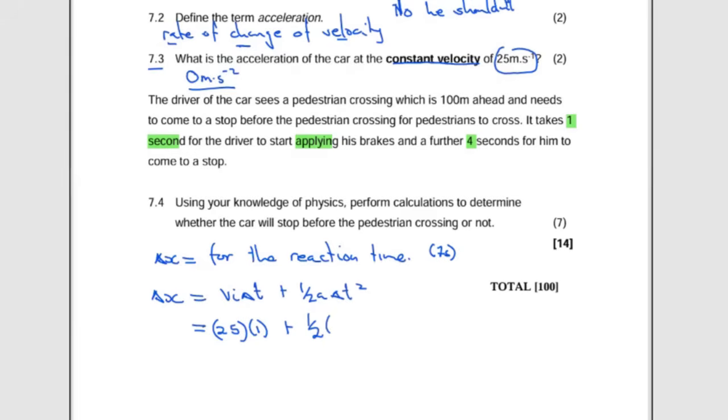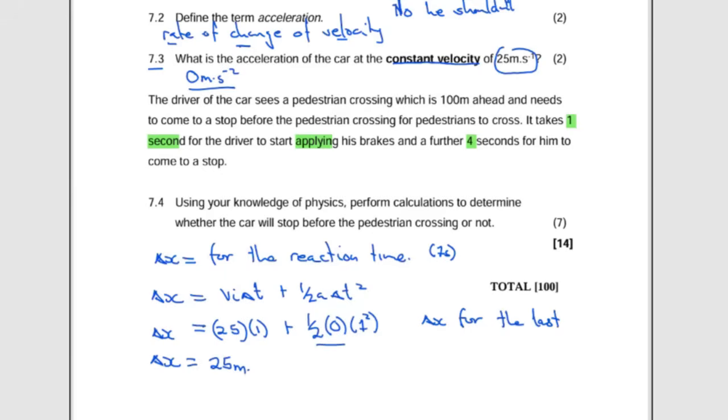My acceleration, remember, is moving at a constant velocity, therefore it's going to be 0, multiplied by 1 squared, which is my time squared. So my delta x, if I do my math, the second term gives me 0, and 25 multiplied by 1 is equivalent to 25. So it's 25 meters.